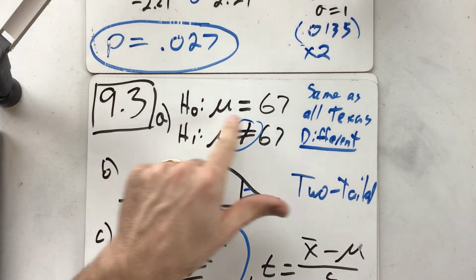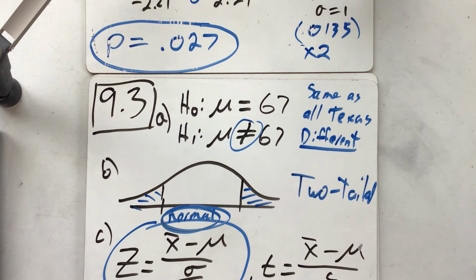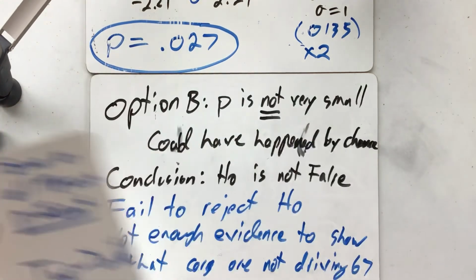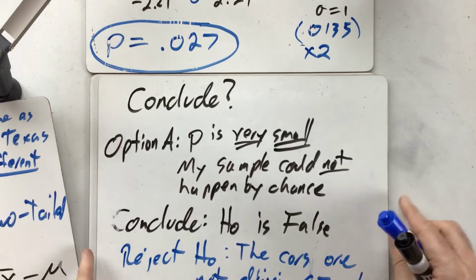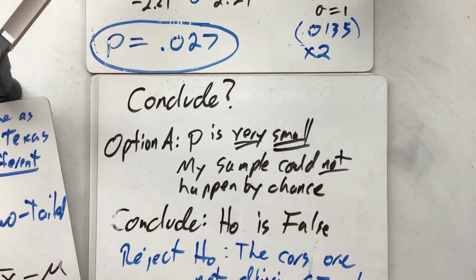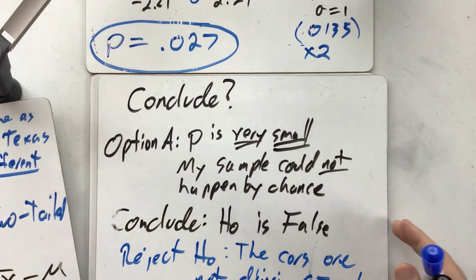And so if nothing's happening, the most logical conclusion is to say, okay, 67 seems about right. But if you get a P that's very small, then you say 67 couldn't have happened by chance, and so my 67 had to have been false.